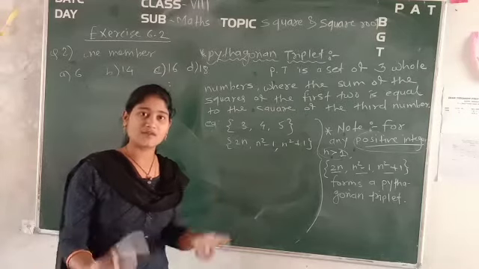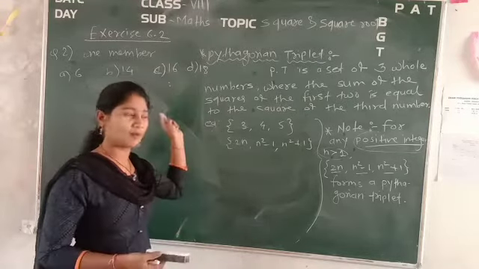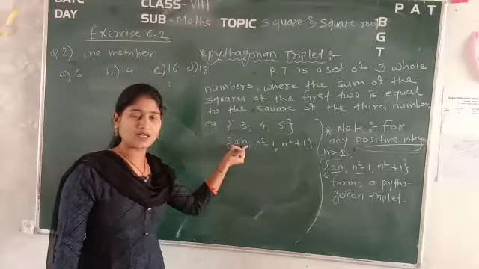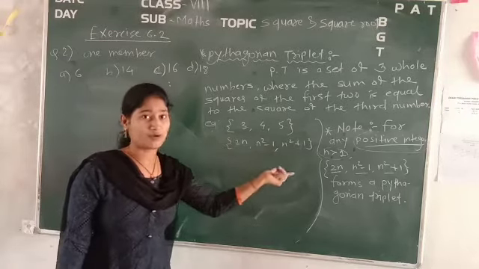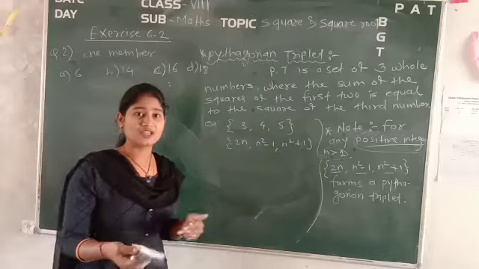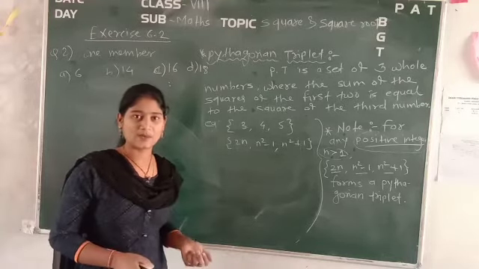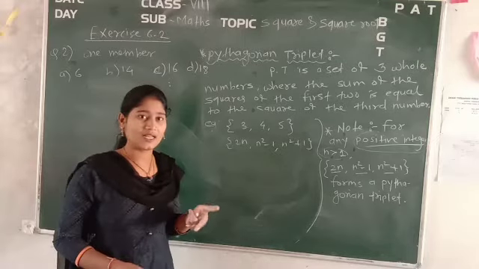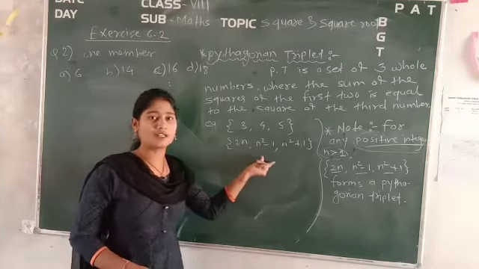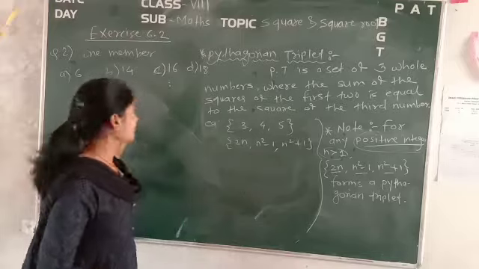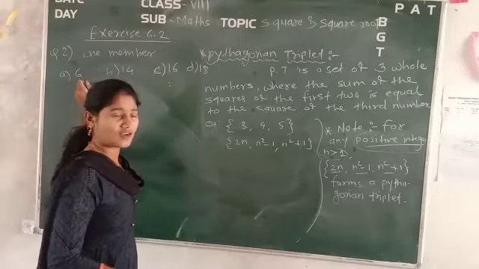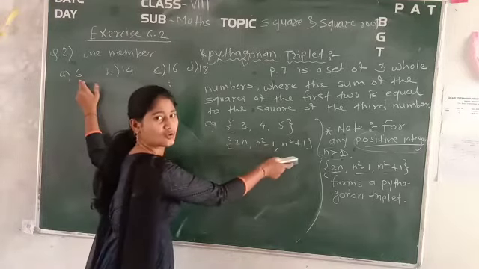So first of all we have to find out whether this member belongs to the first, second or third position, because we already saw that if we change the position by mistake, we will not get a Pythagorean triplet. That is why I am saying repeatedly that you have to focus on the order of this member. It should not be first member only; it could be second also, third also.